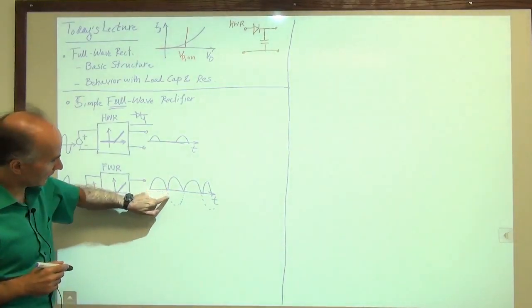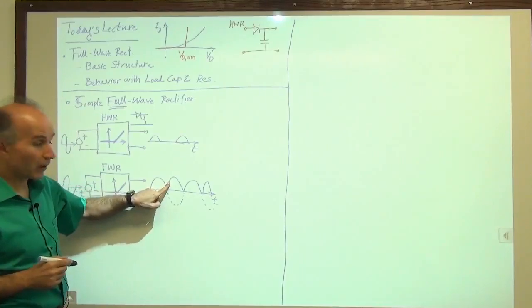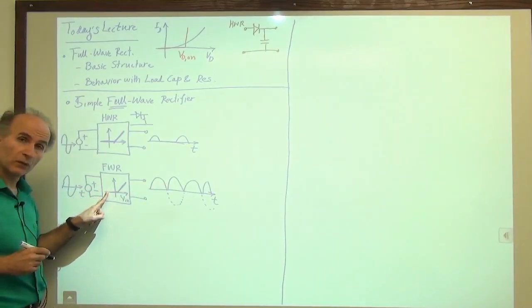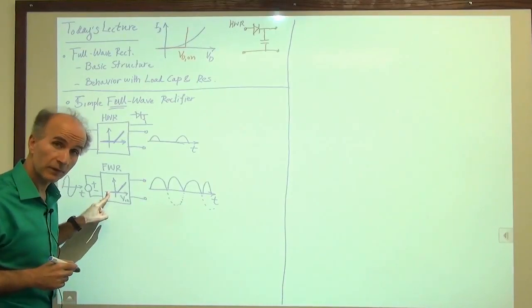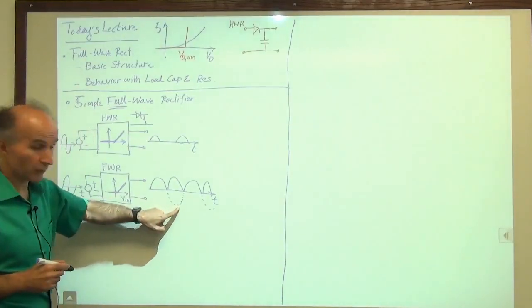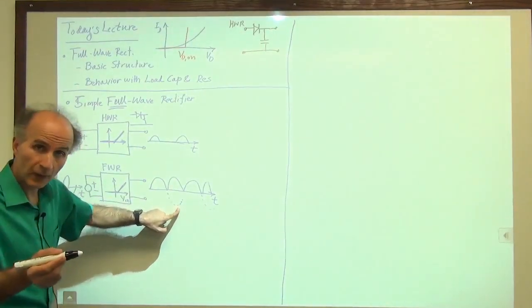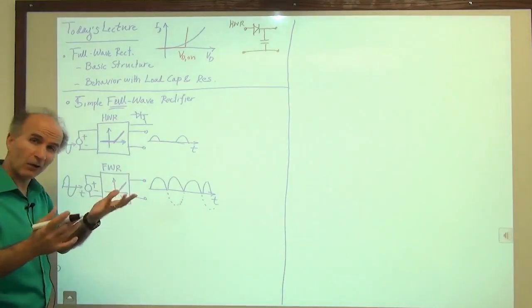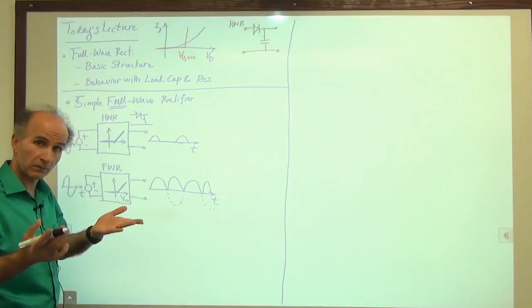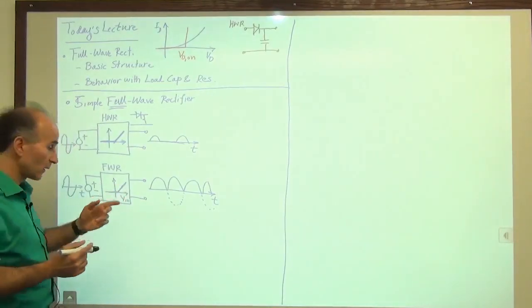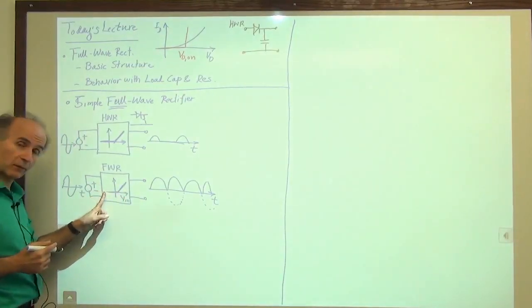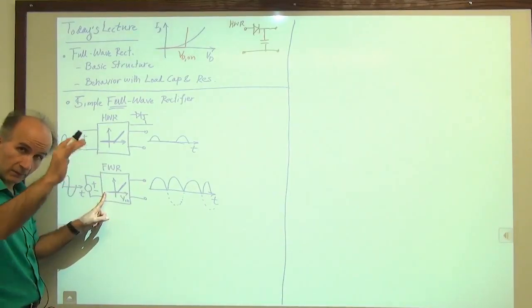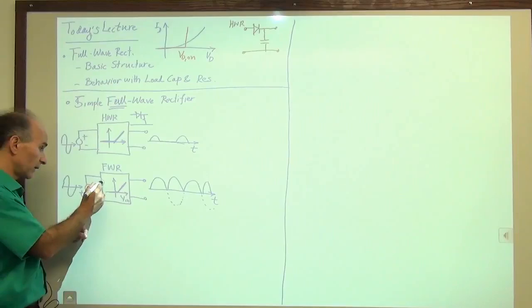When the input voltage becomes negative, we want a positive output voltage. So if I'm here, I would like to have a positive output voltage. So if the input voltage is, for example, -5 volts, I would like to have an output which is maybe about +5 volts, maybe a little more, maybe a little less. So if the input is at -5 volts, I would like to have an output which is about plus some volts. So over here.